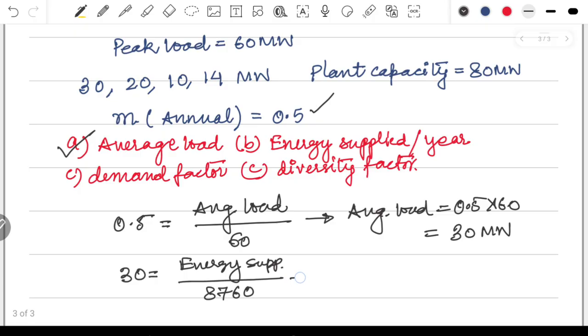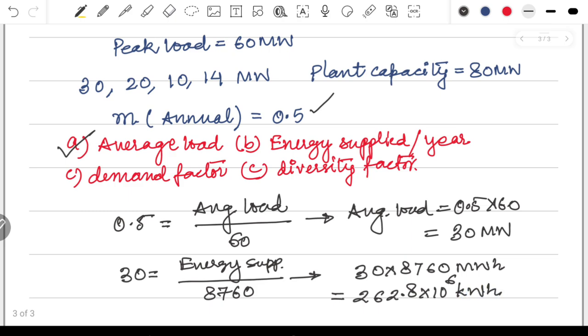So that becomes 30 into 8760 megawatt hour. Or you can also write it in kilowatt hour, so this will come out as 262.8 into 10 to the power 6 kilowatt hour.